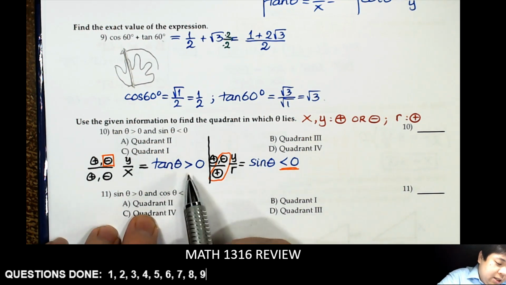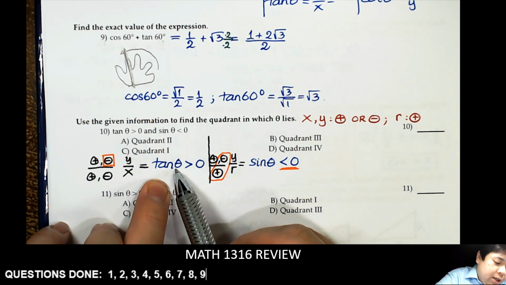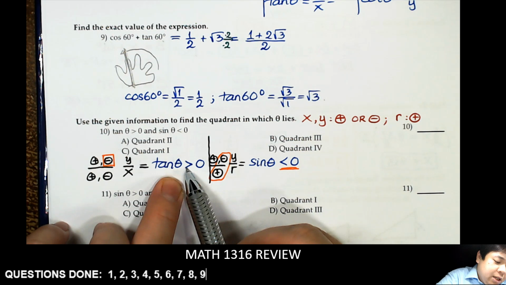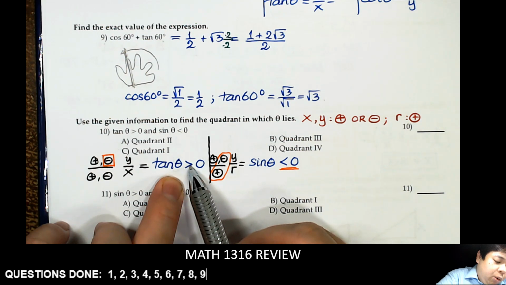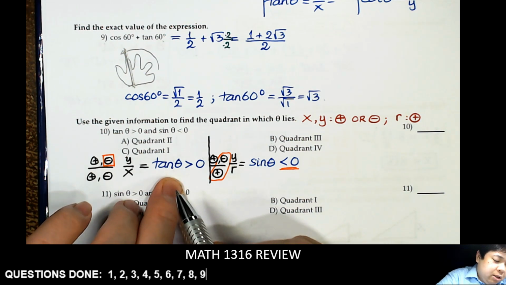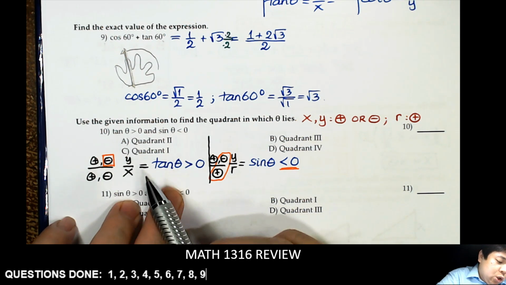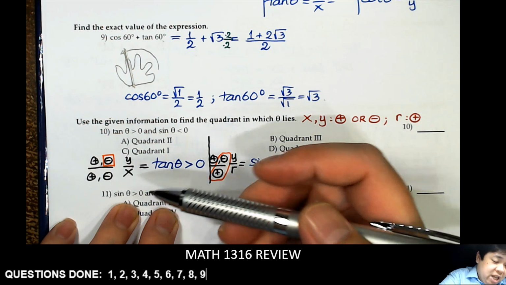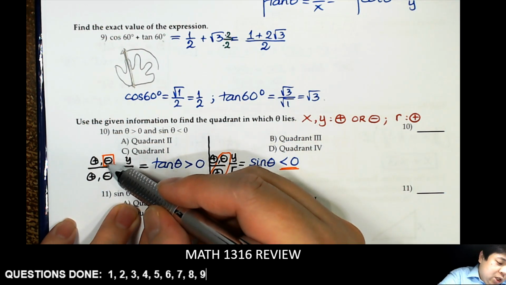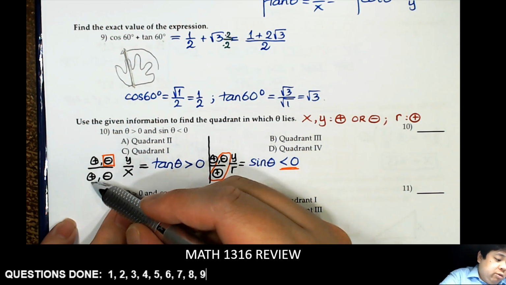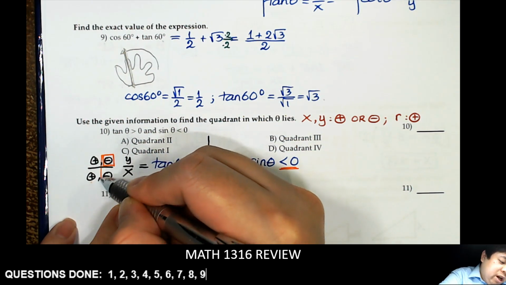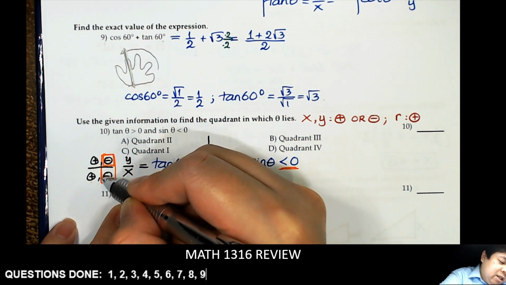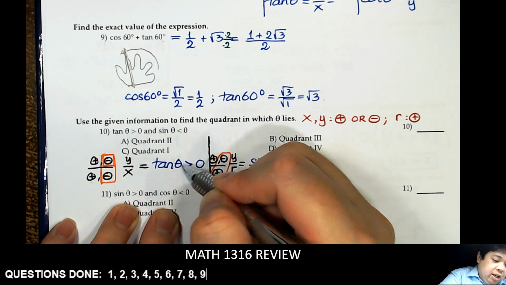Next, tangent is greater than 0. That means the ratio has to have the same sign, so either negative divided by negative or positive divided by positive. Since Y is negative, X has to be negative as well. In that case, negative divided by negative is going to be positive.